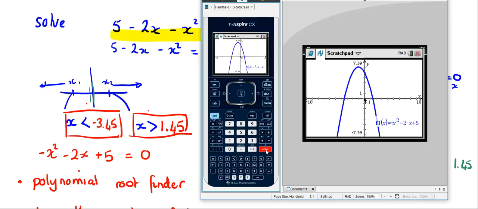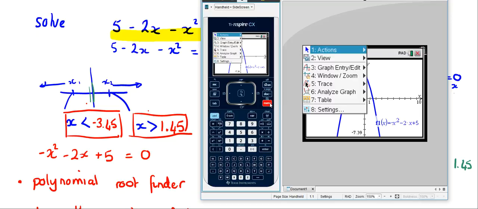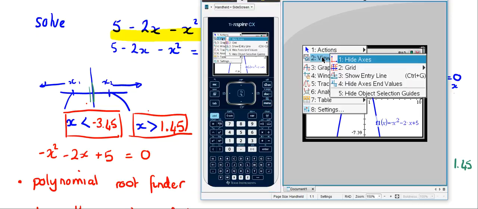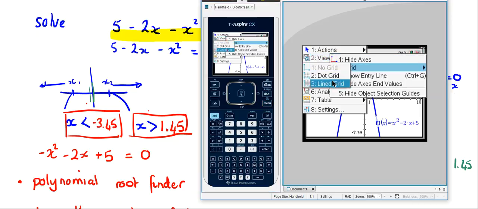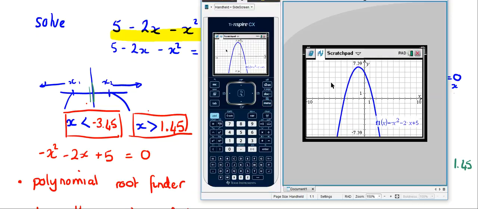Press intersection. What do you do at this point? The grid, and just count. No, like the actual grid, when you go to menu, view, grid, dot grid, line grid. Okay. Yes, thank you. Looks nice.